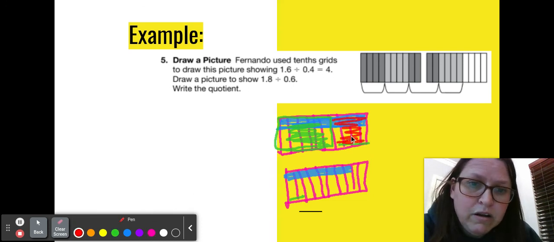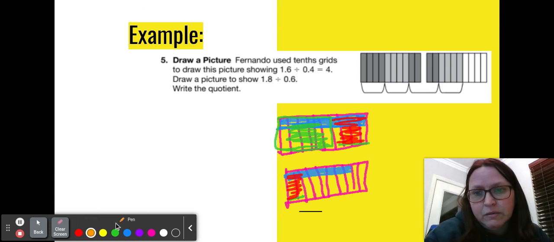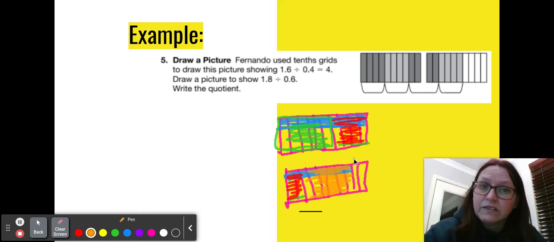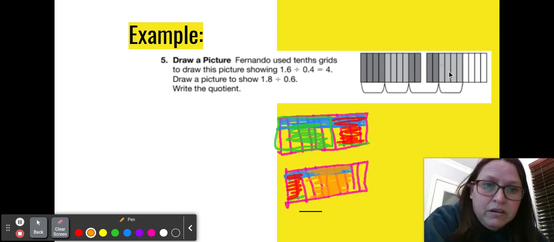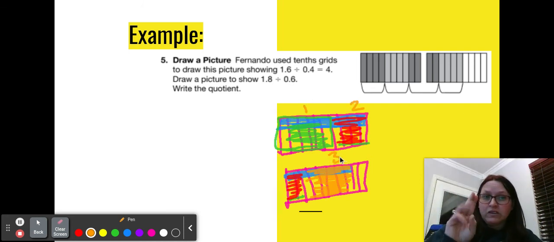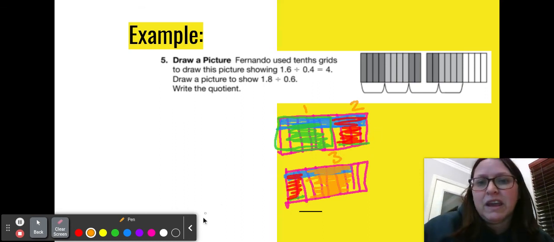So here's 4, 5, 6. Okay, there's another slice. And now let me do one more slice. I'm going to do this one in orange. And there's 1, 2, 3, 4, 5, 6. So these 6 pieces right here. Okay. So now, if you remember the example up here, the answer would be 3 because there's 1, 2, 3. There's a green section, a red section, and an orange section. So there's 3 sections total. So my answer would be that.